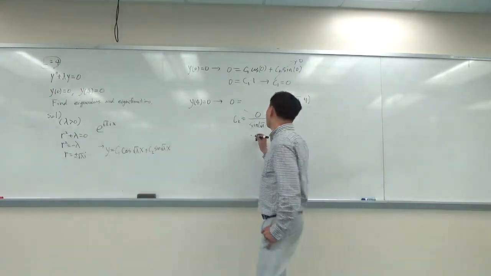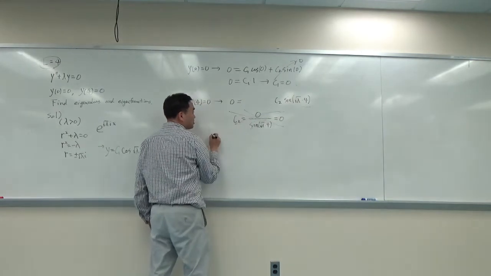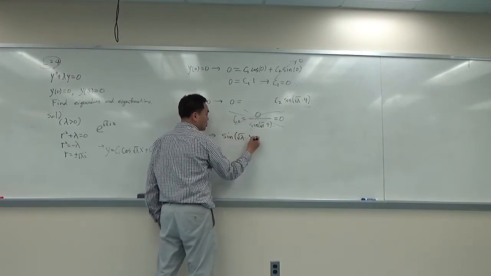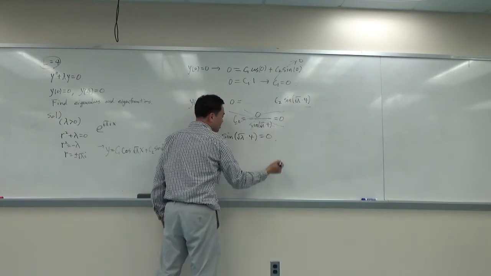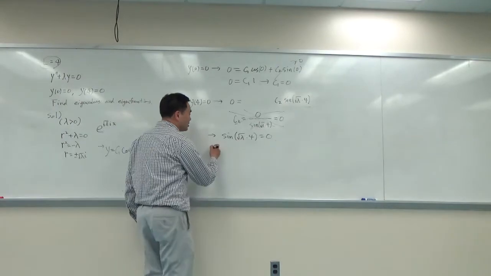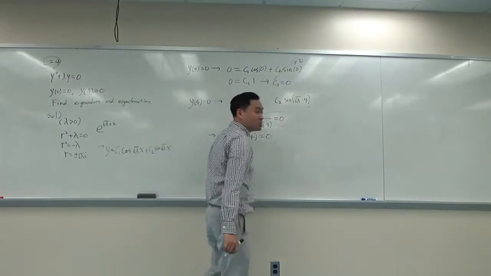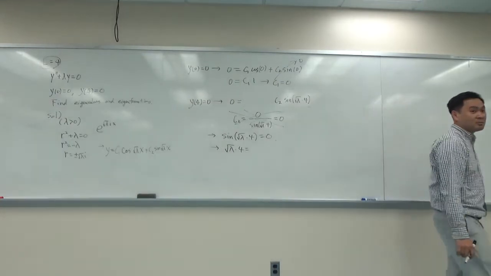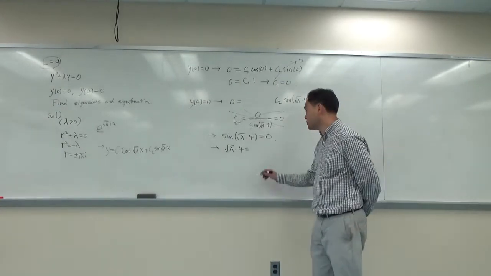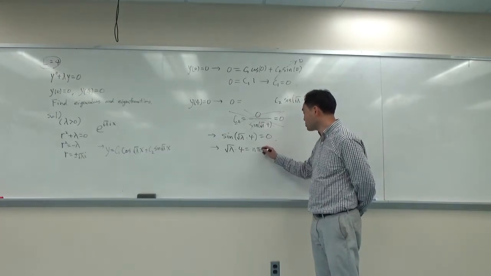Since I don't want this, we really need the sine of square root of lambda times 4 to be 0. That means square root of lambda times 4 must equal n pi. Good. You listened well today.